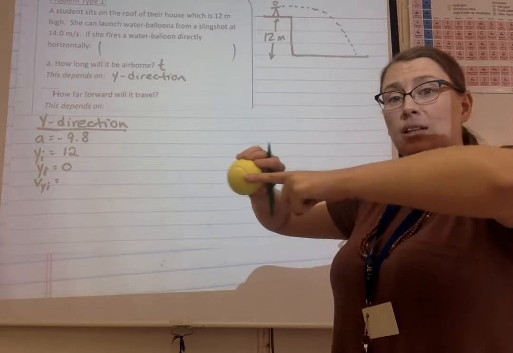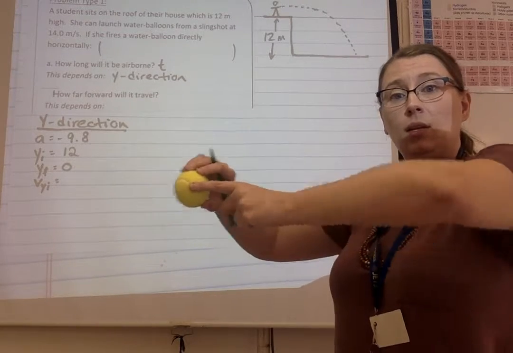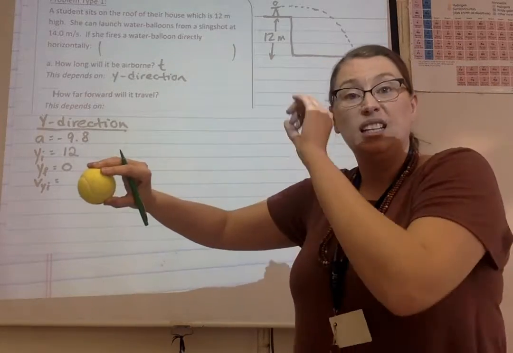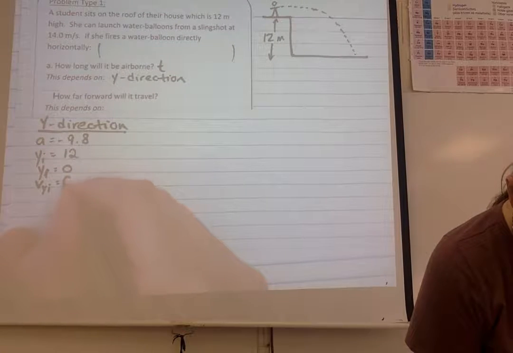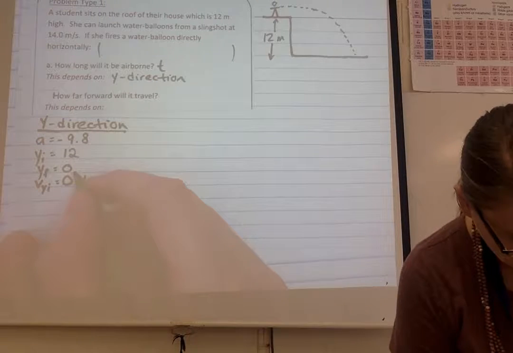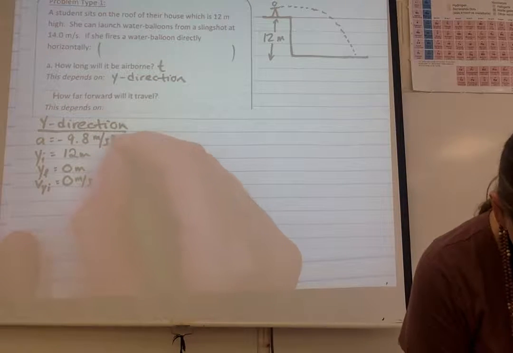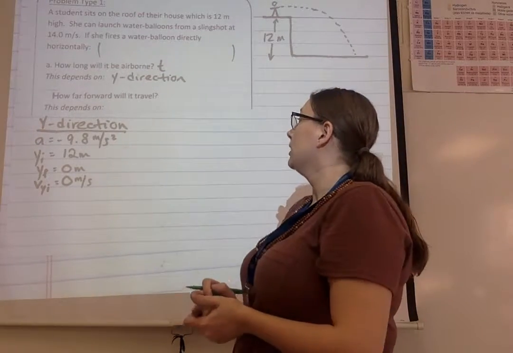But if it's completely horizontal, it's not moving up at all. It's not moving down at all. So the y component of that initial velocity is 0. I forgot my units. All right, so it looks like we have a lot of numbers about y right here.